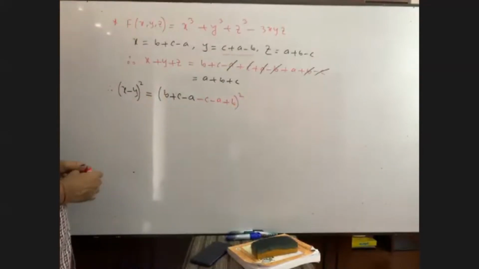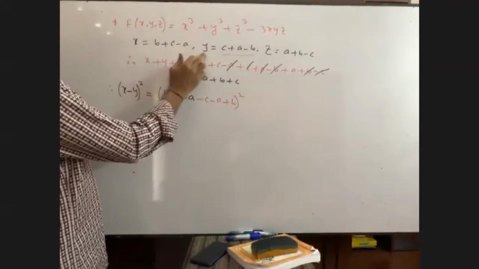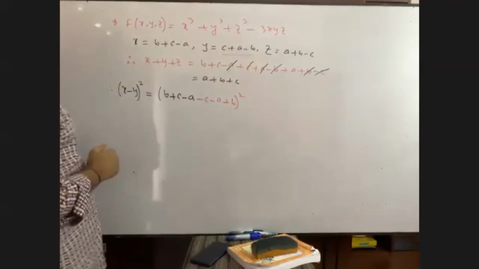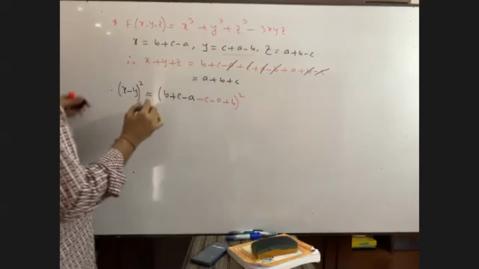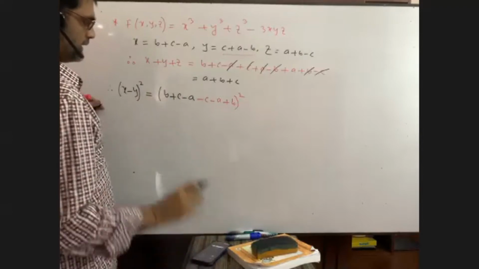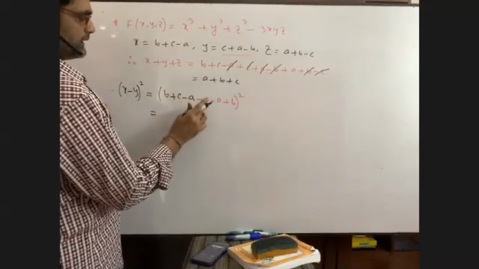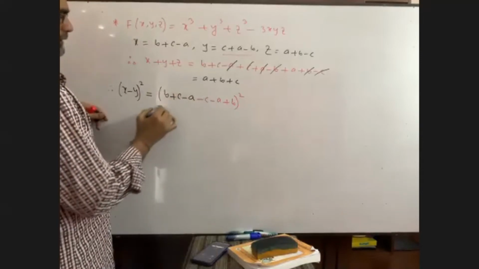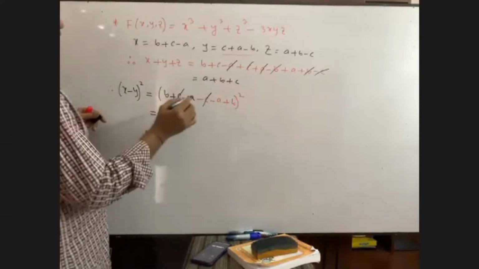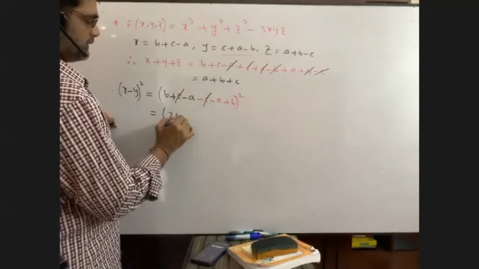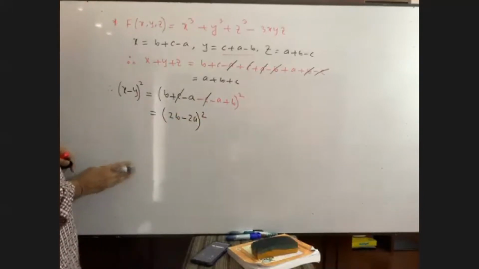Please try to understand, x minus y, this minus this. Now minus c plus c will be omitted, and we'll be left with 2b minus 2a whole square, right?